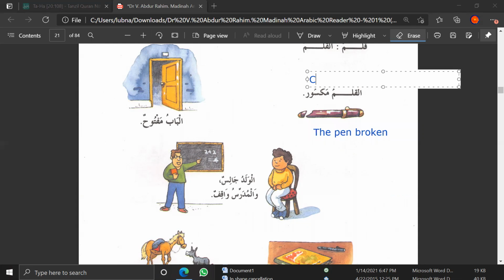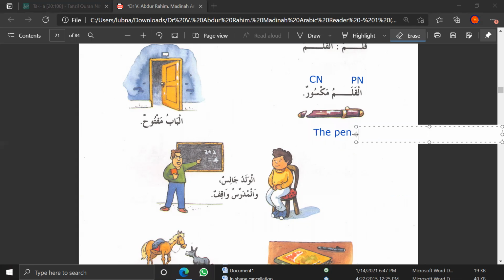With the un sound, the tanween sound, it's a common noun, right? And remember, I told you, because of the specific combination of a proper noun with a common noun, it becomes a complete sentence, and we can write "is" over here. Is broken.